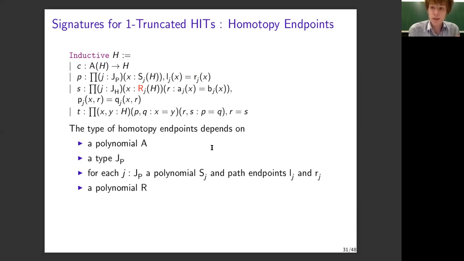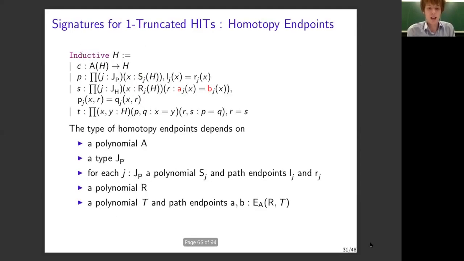But we also have more. The homotopy endpoint also depends on the point argument and the path argument. So we must also give this data. The point argument is represented by a polynomial, and the path argument is represented by a polynomial T and two path endpoints, which is the trick we discussed before.